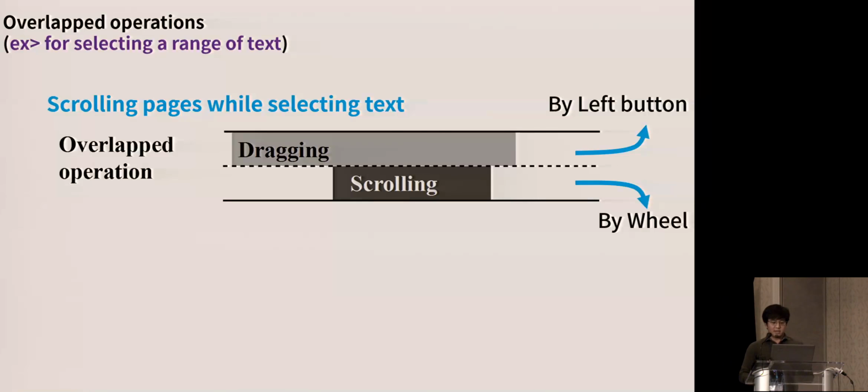This diagram shows the concept of overlapped operations, for scrolling pages while selecting a text on conventional GUI. Users select the text by dragging with the mouse left button, and concurrently they can scroll the pages by using a mouse wheel.